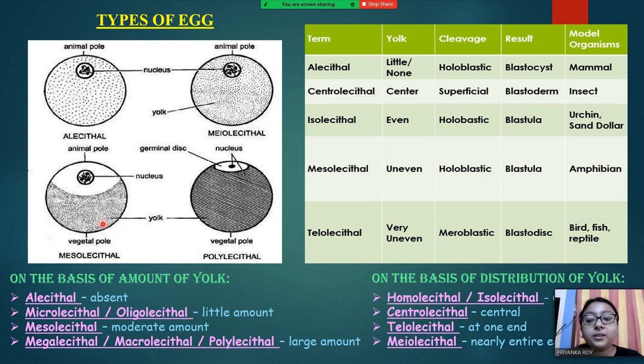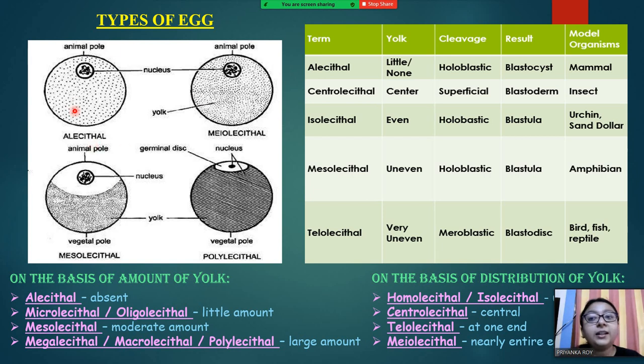So this is mesolecithal, like I said, a moderate amount of yolk. You can see almost half of the egg is covered with yolk in the vegetal pole, and the other half has the cells. These cells will give rise to more and more cells, and here the cleavage will occur and the blastula will form. And in case of meiolecithal, you can see that a little amount of yolk is there, but it is diffused throughout the egg.